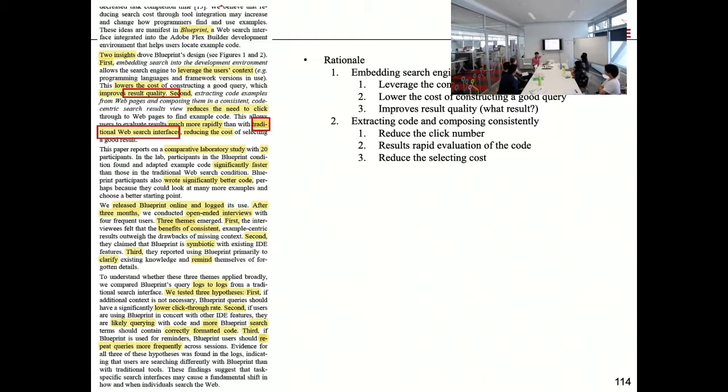And then finally, they reduce the cost of selecting a good example, which means in a traditional way, programmers have to go to a website, open Chrome or Safari or something else, and write down something, the example code I want, and then I have to check it out. This one is not so good, then I have to go to the other one.